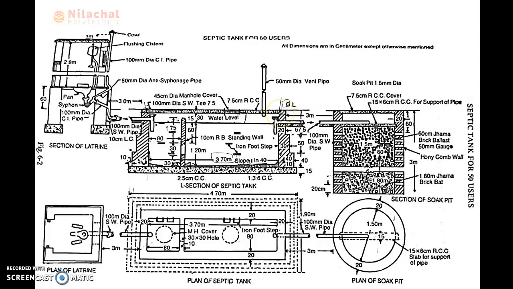Then we consider the bearing offset of 10 centimeter for both sides. So 3.70 plus 0.1 plus 0.1 for both sides is equal to 3.90. The length of the RCC slab is 3.90, from this point to this point.